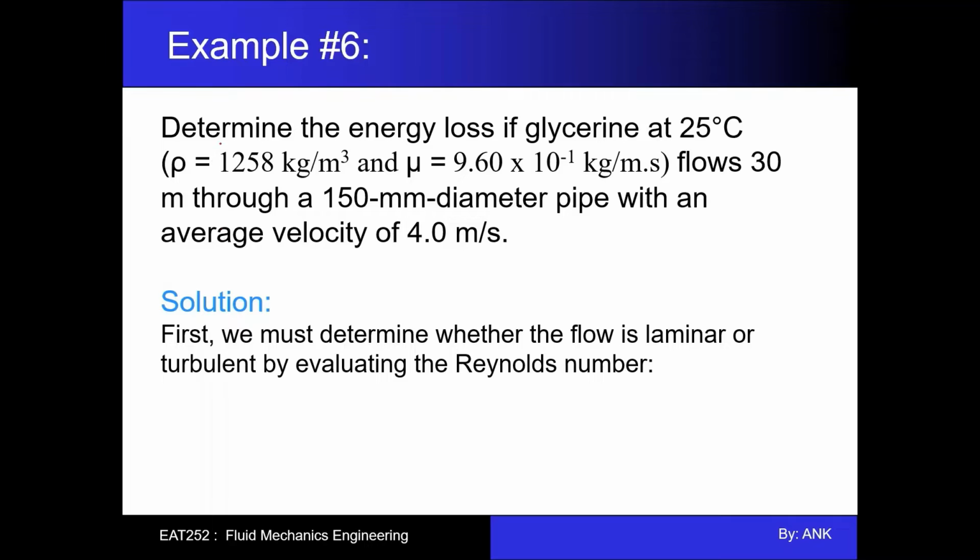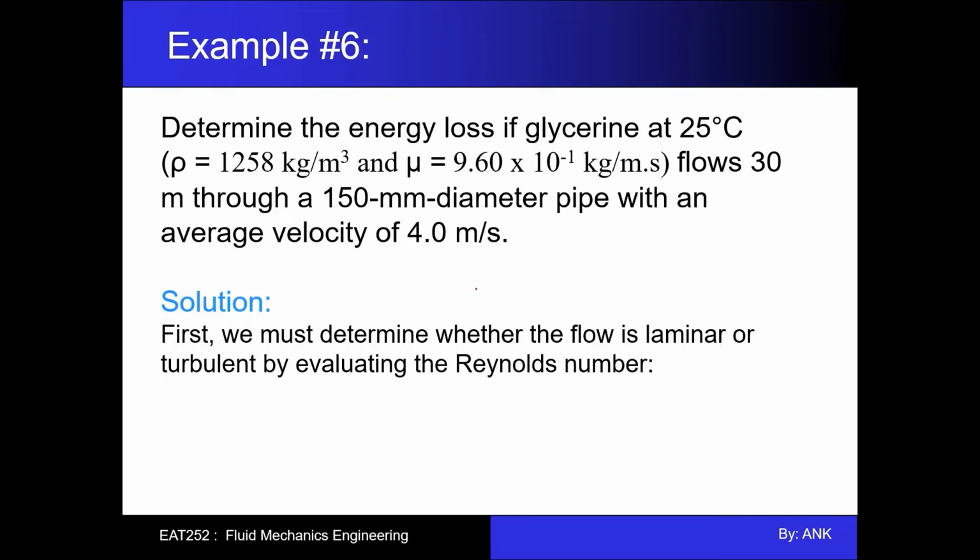Determine the energy loss if glycerin at 25 degrees Celsius, with the density of glycerin 1258 kilogram per meter cube and the dynamic viscosity 9.6 times 10 negative 1 kilogram per meter second, flows 30 meter through a 150 mm diameter pipe with an average velocity of 4 meter per second.